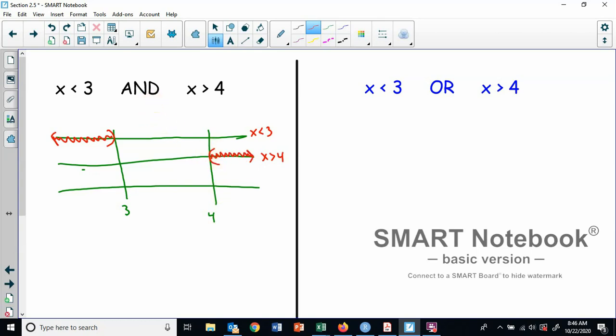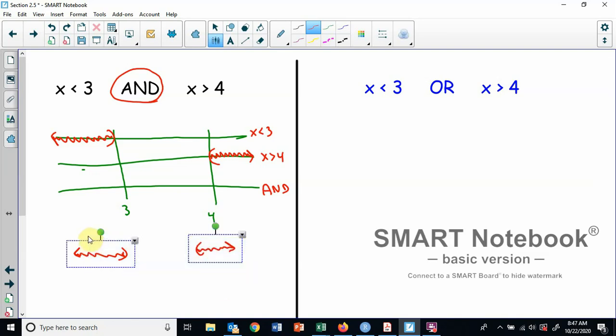Alright, what word do we have? We have an AND. Now, AND means both or overlap. Do these two shaded lines overlap? So if I were to take these and try to move one up and down, do they overlap? Do they cross anywhere? No, they don't. So there's nowhere that they overlap.